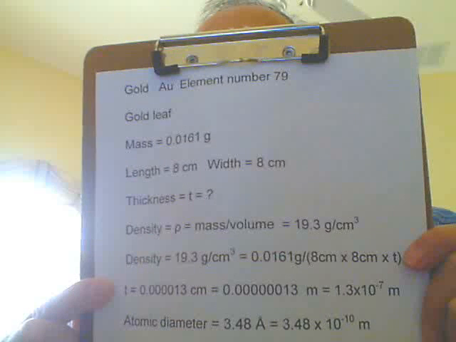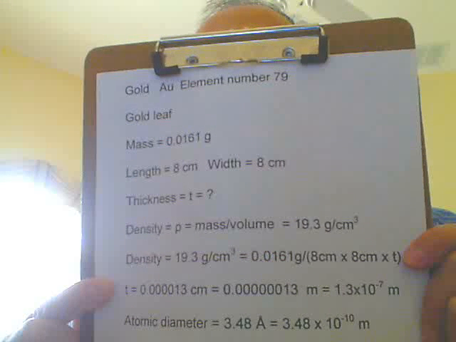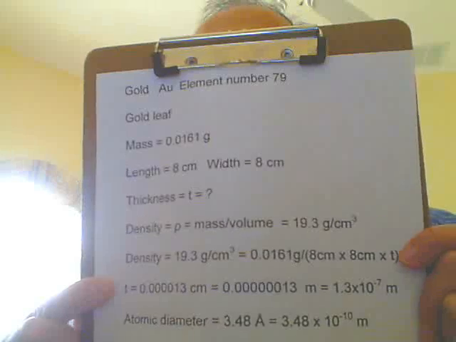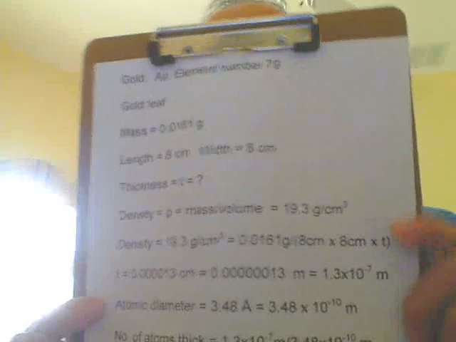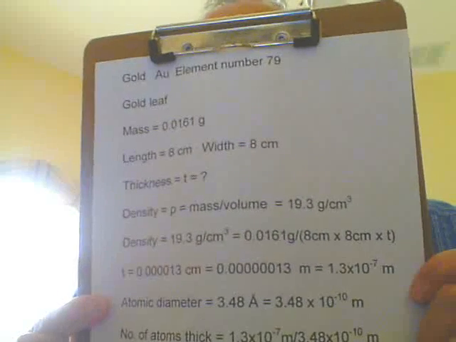And if I convert that to meters, it's 1.3 times 10 to the minus 7 meters. Very, very thin gold leaf. So that's the way I got the thickness.